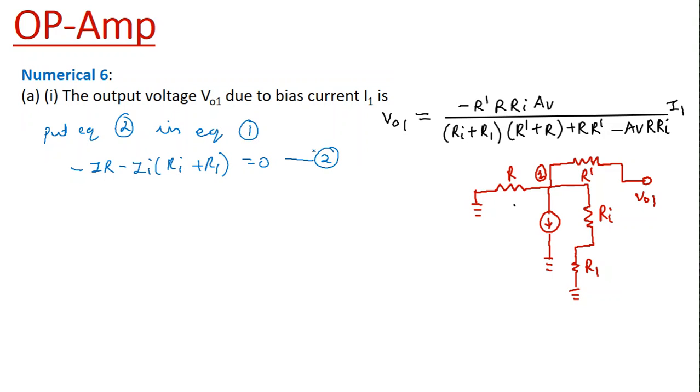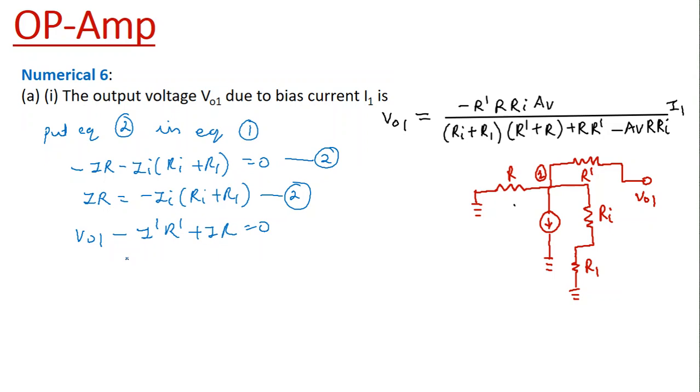From this we find IR is equal to minus II into (Ri plus R1). And our equation number 1 was VO1 minus I dash R dash plus IR is equal to 0.